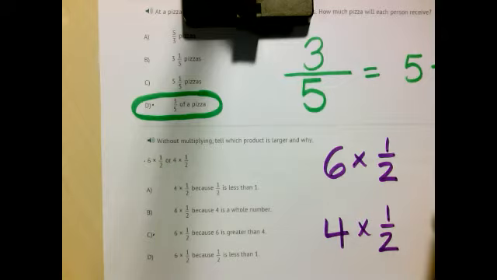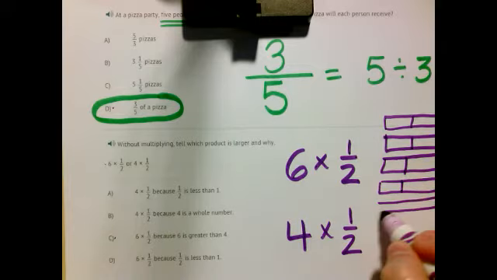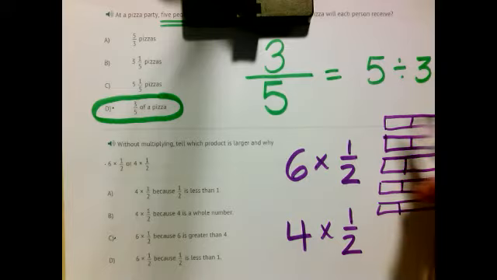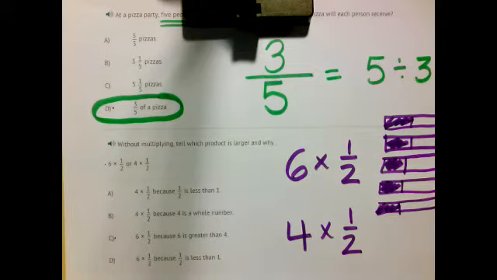If I have 6 1/2s, so if I did 6 little fraction bars here, oh boy, I'm running out of room. Let's see if I can scoot this over a bit. So there's 1, 2, 3, 4, 5, and we'll put one over here, 6. There's 6 halves.